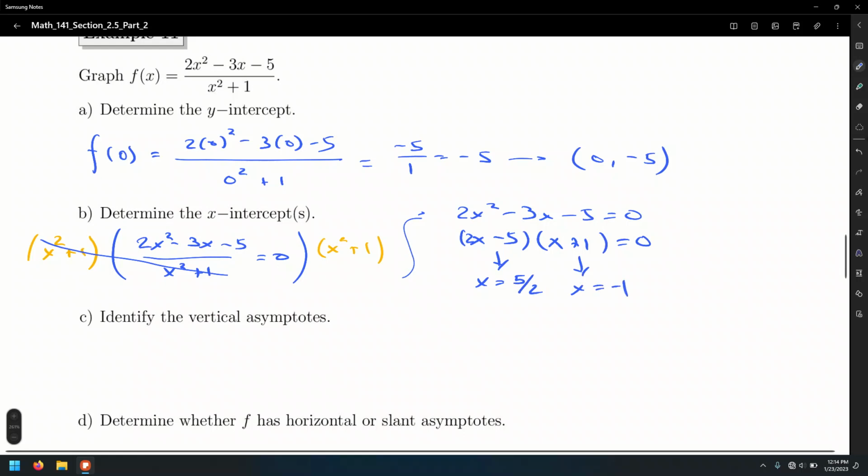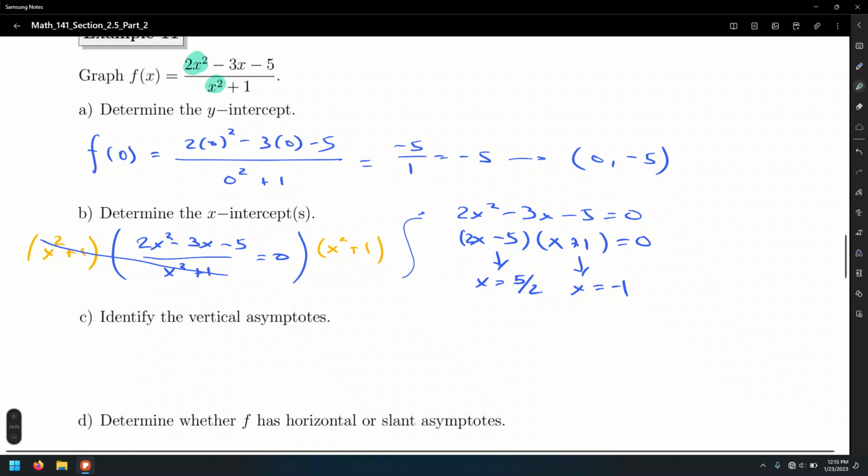So we have two x-intercepts, one at 5/2, and the other one at -1. So we're starting to get some of the important information for this function. Any asymptotes? Well, observe the leading terms of the numerator and denominator. And one thing to observe over here is that both have the same degree. That is, the degree of the numerator matches the one in the denominator.